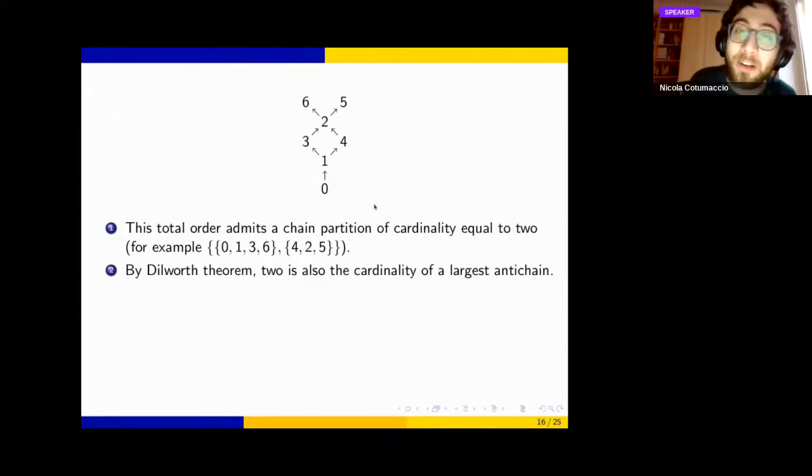So, for example, here the subset consisting of 3 and 4 is an anti-chain because 3 and 4 are not comparable. And since we have explicitly shown a partition into two chains, by Dilworth's theorem it follows that there cannot exist an anti-chain of cardinality 3. That is, if I pick any three elements here, then at least two of them must be comparable.